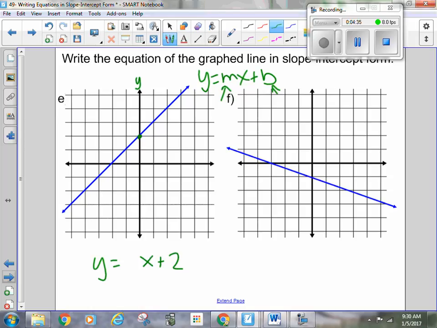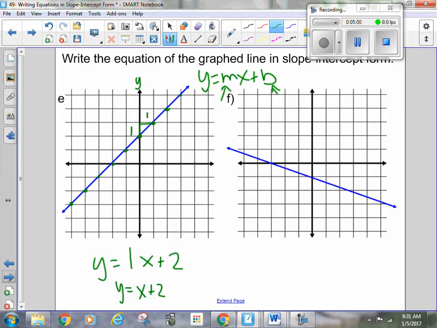Okay, and now we just need to find our slope. So find anywhere it crosses through those grid lines to make another ordered pair. So all of these are fine. So I'm just going to go to the nearest one. So I can go up 1 and to the right 1. So I have a rise of 1 and a run of 1. So my slope is 1. I could also still write it as y equals x plus 2. Both of those are the same.